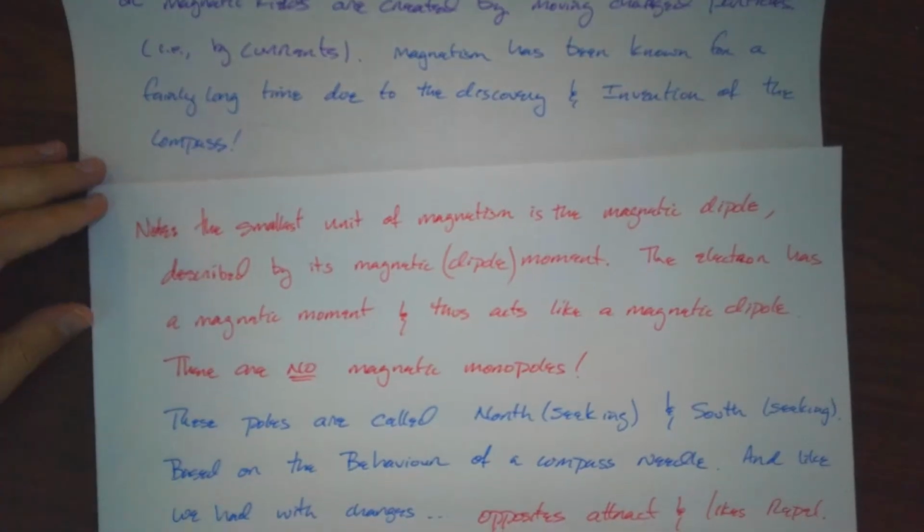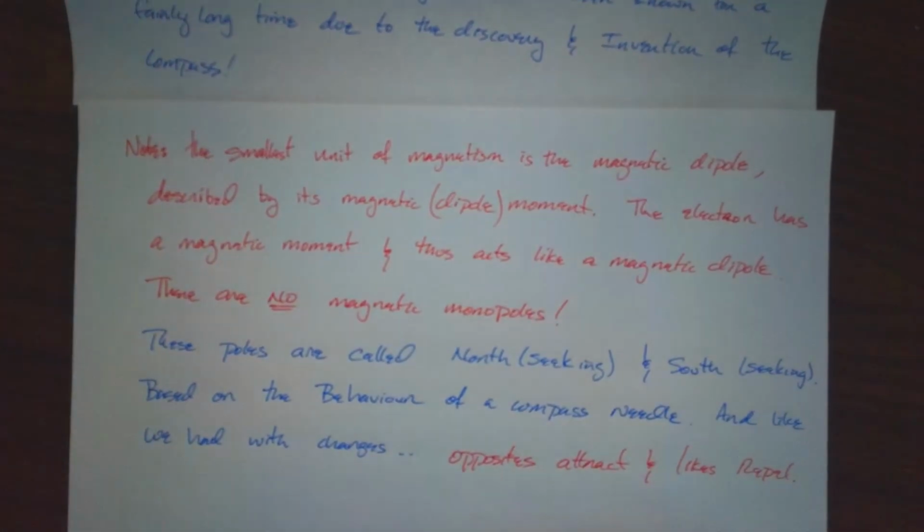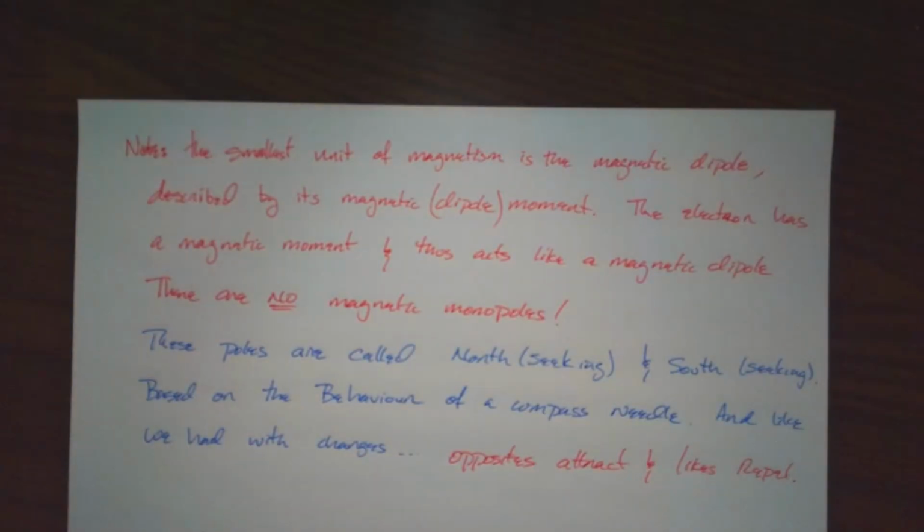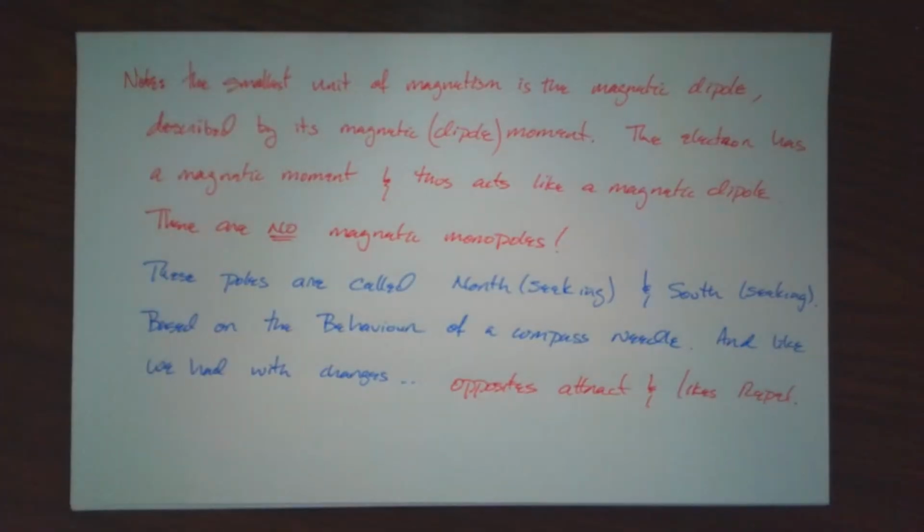And so we can do things similar to what we did with the electric field: we can take little compasses and put them at various locations in space in order to map out the magnetic field.